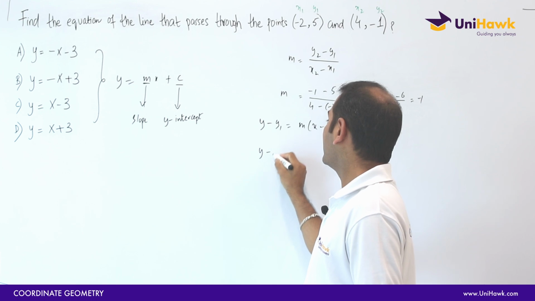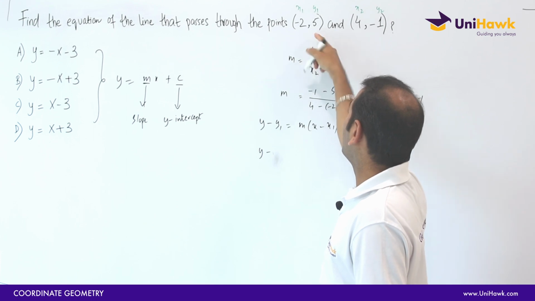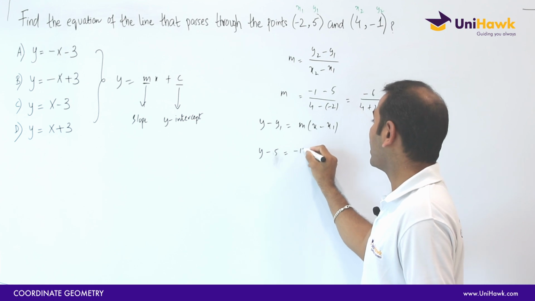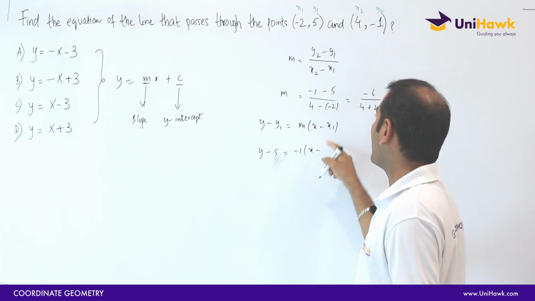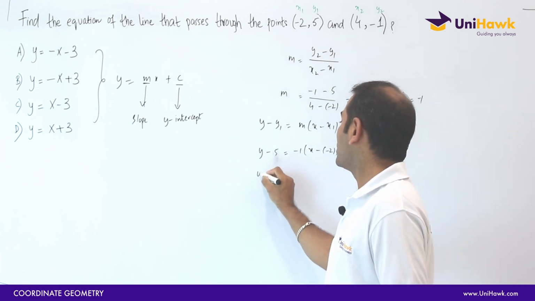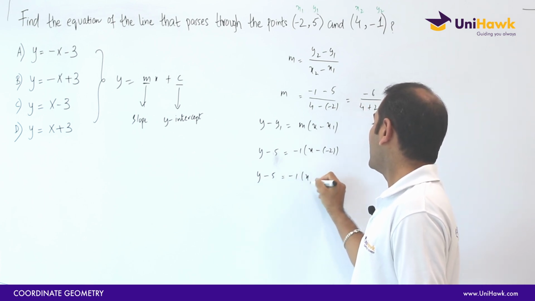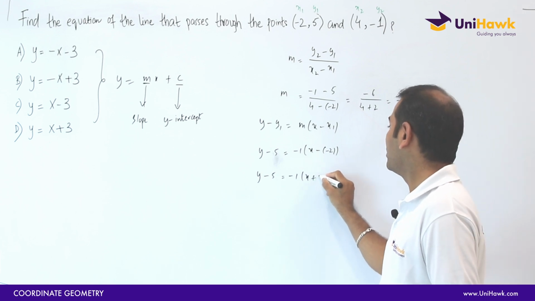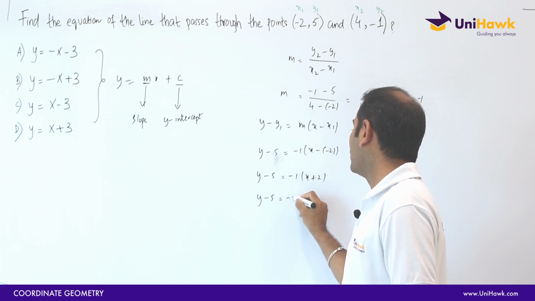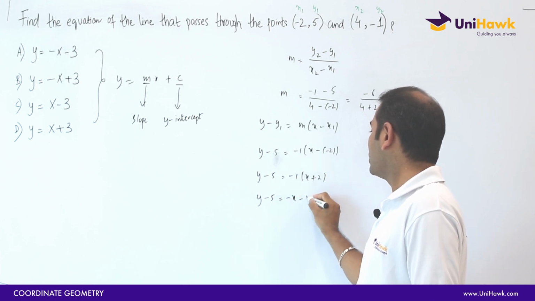So this is y minus y1. What is y1 here? y1 is 5, equals m, which is the slope -1, times x minus x1, which is -2. So this is y minus 5 equals -1 times x plus 2, minus times minus gives you plus. So y minus 5 equals -x, 1 times x is -x, negative minus 2.